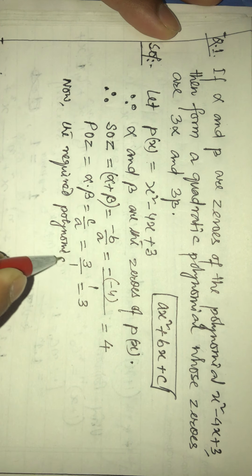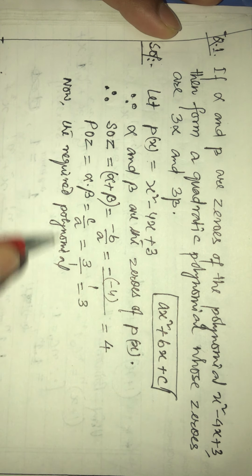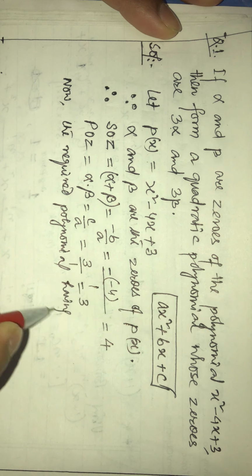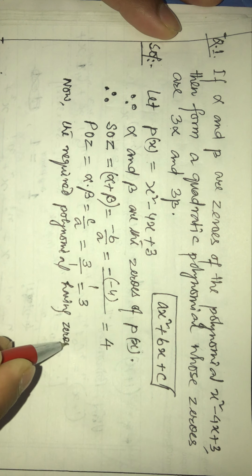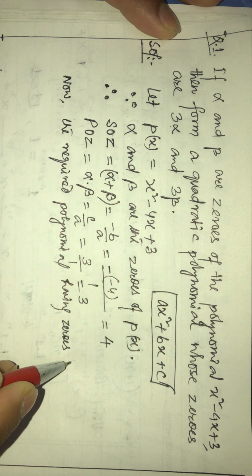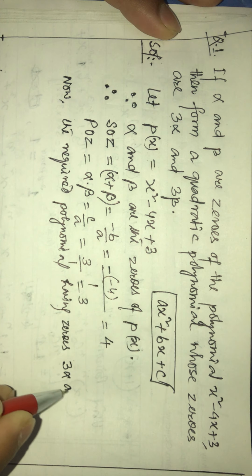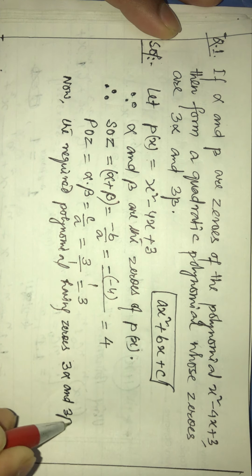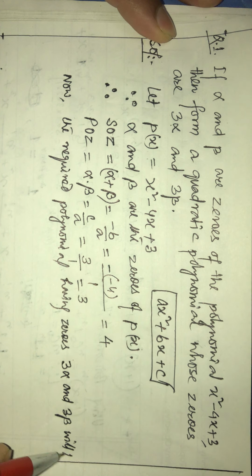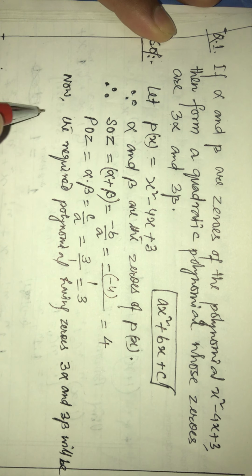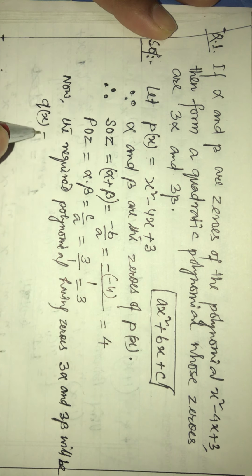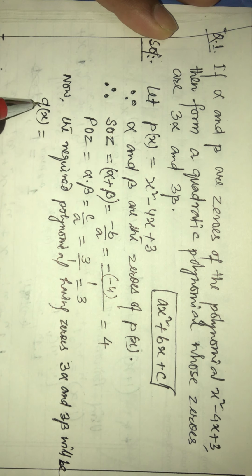Now the required polynomial having zeros 3 alpha and 3 beta will be, I can write here q of x, because p(x) I already took earlier, q(x).